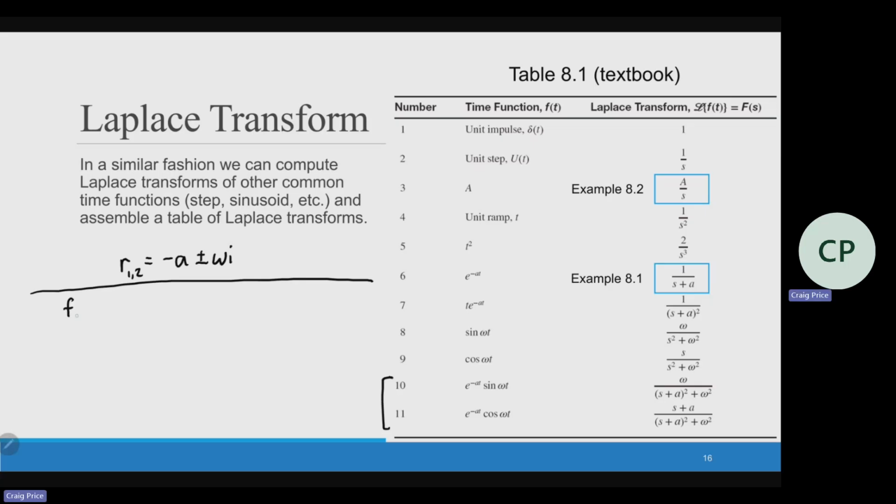So my function is 3 sine 2t. What line am I using to do the Laplace transform? Yeah, we're going to use 8.